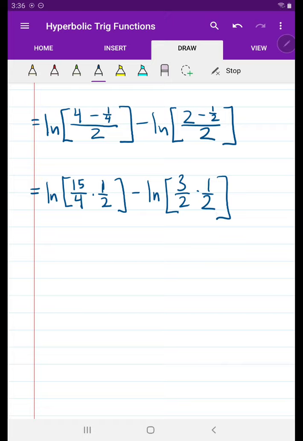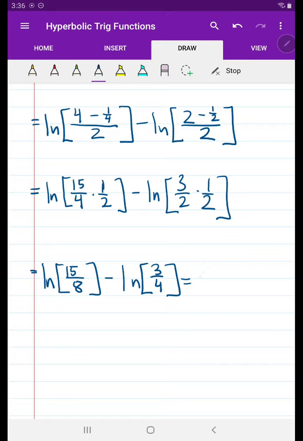So then that'll turn into the natural log of 15/8 minus the natural log of 3/4.